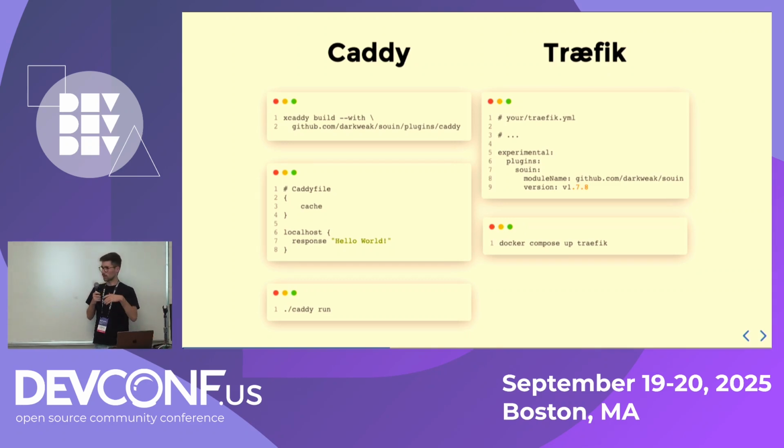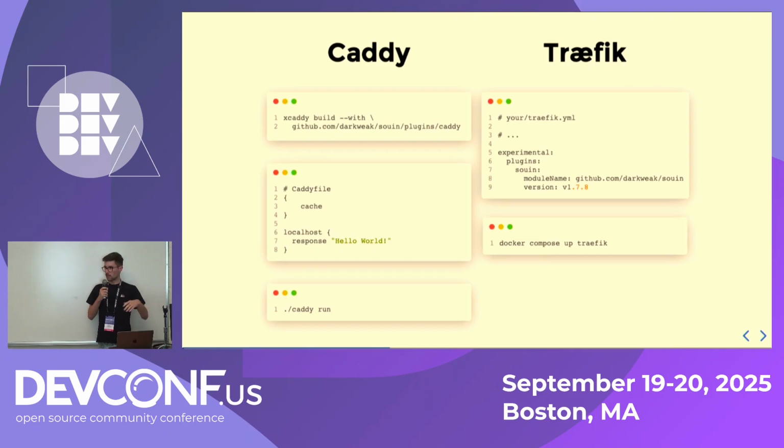And in the Caddyfile declaration, you just enable the cache in the global option, and it works. So all your routes in localhost will be cached, and the responses will be stored in the cache. And just run Caddy run, and your instance is running on your TLS port and your classic HTTP port.